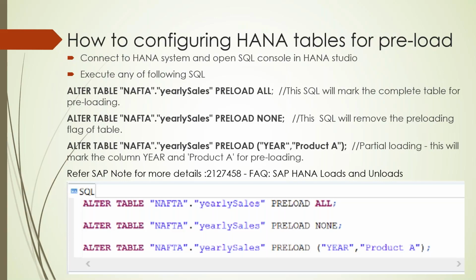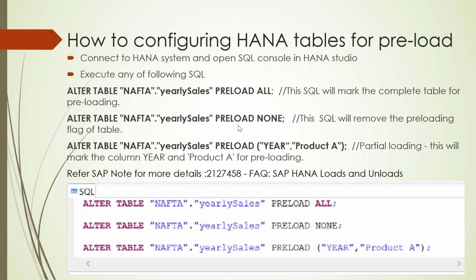If you want to mark complete tables, that is full loading, for the table yearly sales, then you can execute this: ALTER TABLE schema.yearly_sales PRELOAD ALL. PRELOAD ALL means you are marking this table for full load. So whenever you start the HANA database, the yearly sales table data is always loaded into the memory.